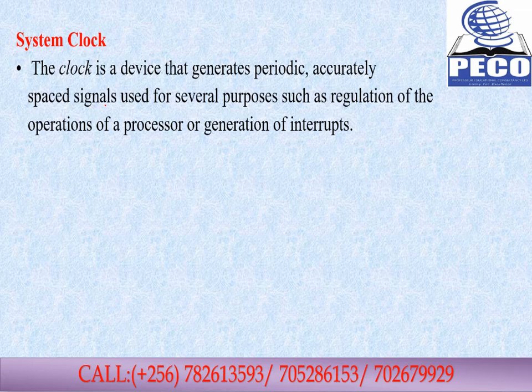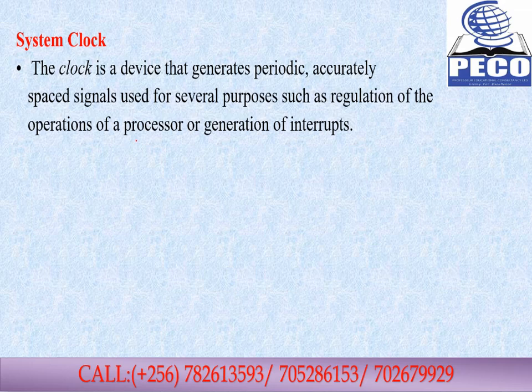They are periodic, coming after a particular interval. They are used for several purposes, such as the regulation of the operations of the processor. The processor performs, but its performance is expected to end at a particular time interval.